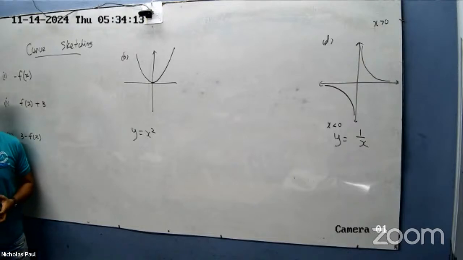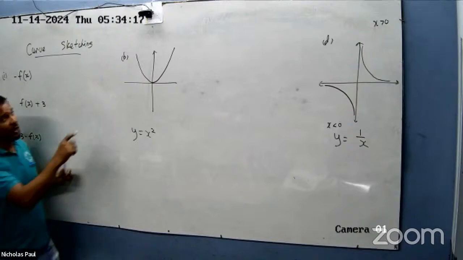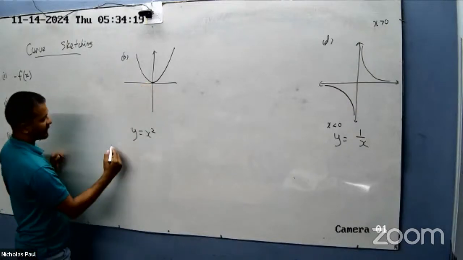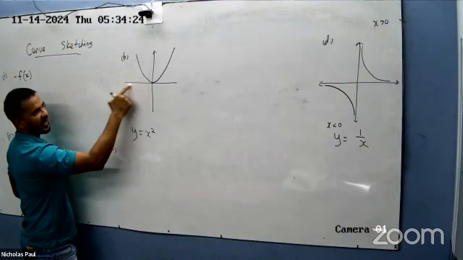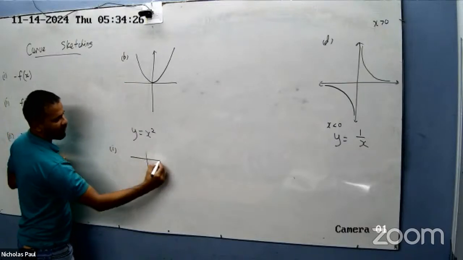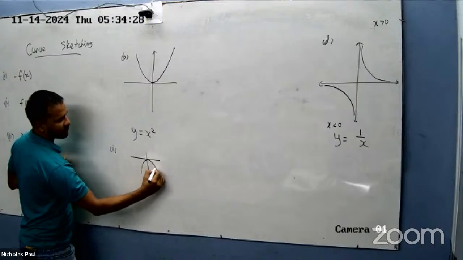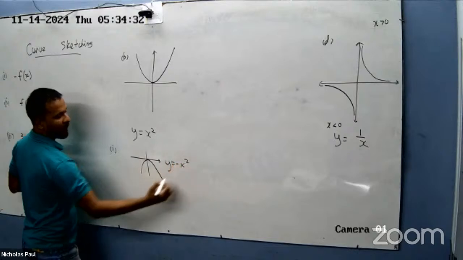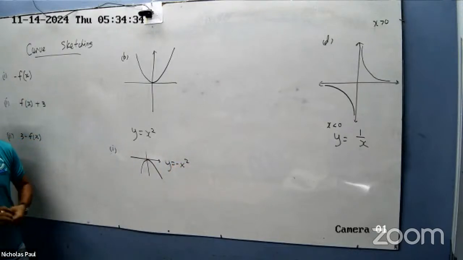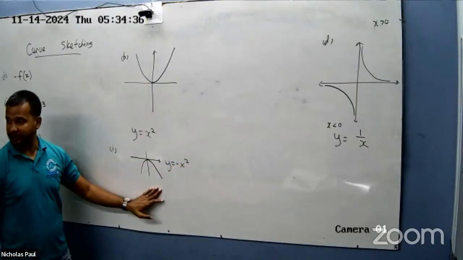Reflect in the x-axis, okay? So I'm going to reflect this in the x-axis. That's part 1. This is the x-axis, so when I reflect it, it looks like this. So this here is the function y equals minus x squared. By just simply knowing this, we can get this.